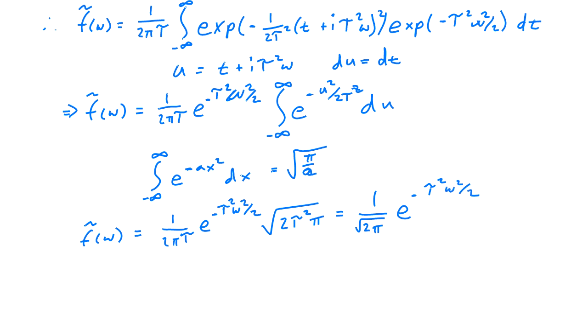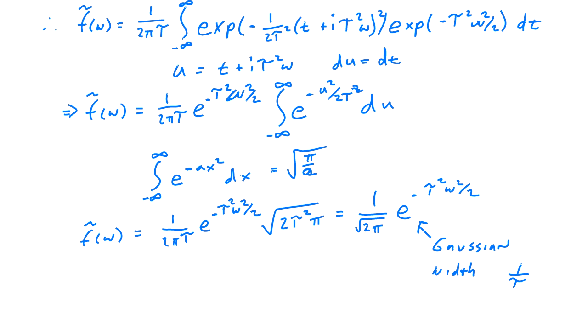And this is also a Gaussian. But the difference is the width of this Gaussian is 1 over tau, where the width of the other Gaussian that I was dealing with earlier was just tau.